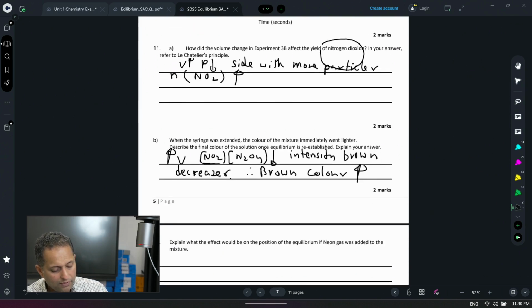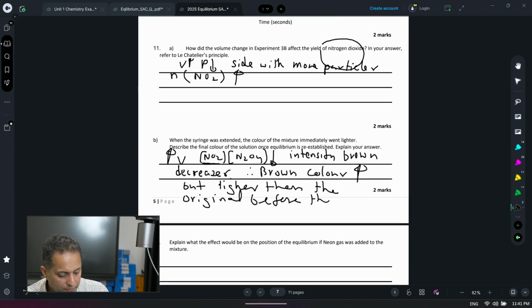But you have to say the brown color will increase but remain lighter than the original before the change. What I'm trying to say is this: just before you make the change, there is a brown color. The current brown color is still lighter than the original brown color.